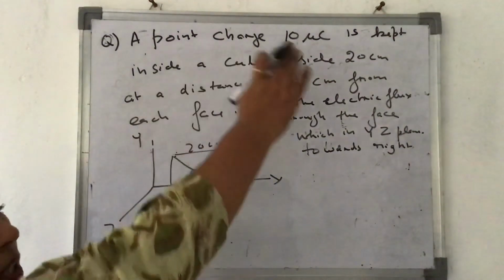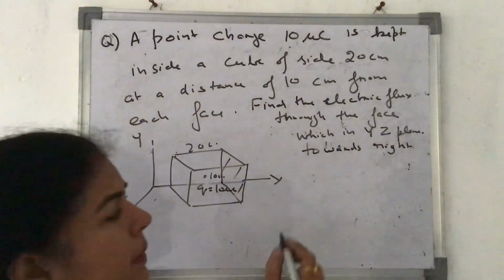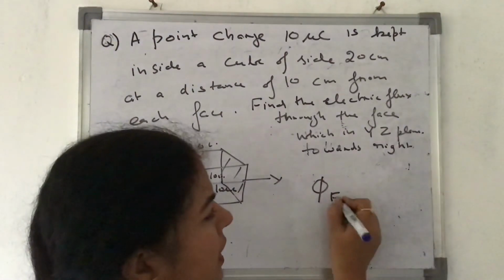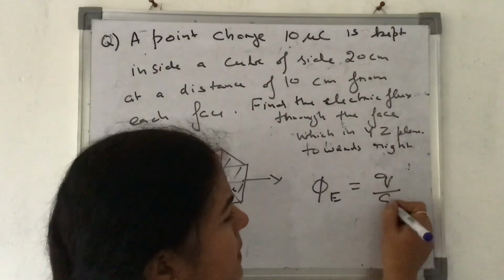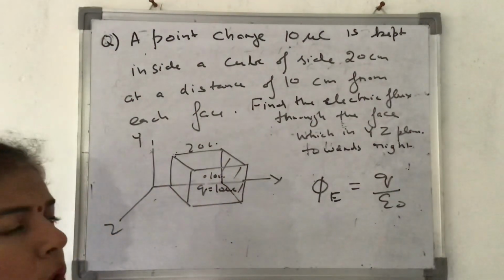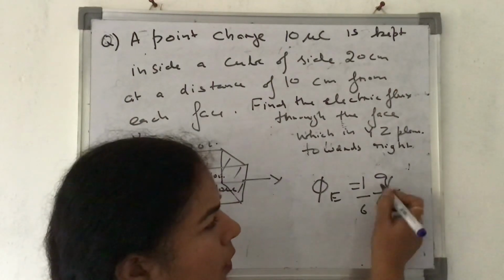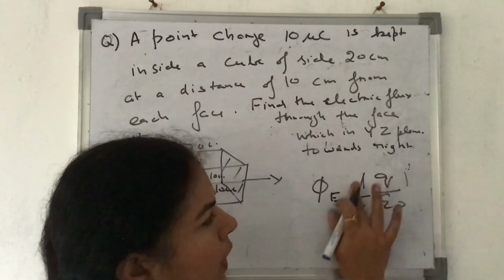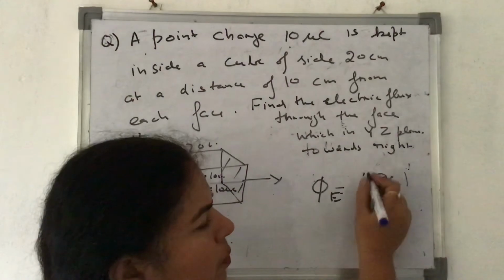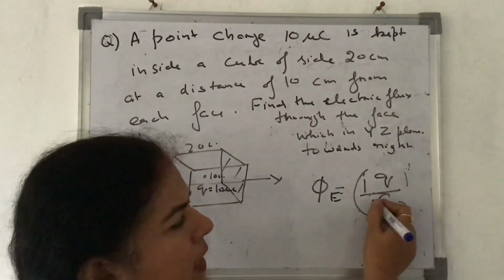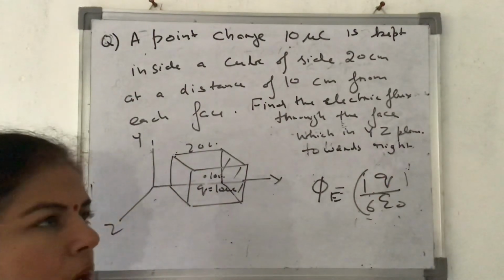I will not go by all this data. I'll just go by my basic formula. Phi E is equal to Q by epsilon. But it has got how many faces? 6 faces. So only 1/6 of it is considerable because I'm talking about only one of the faces. If I was considering 2 faces, 3 faces, this thing would have got multiplied.